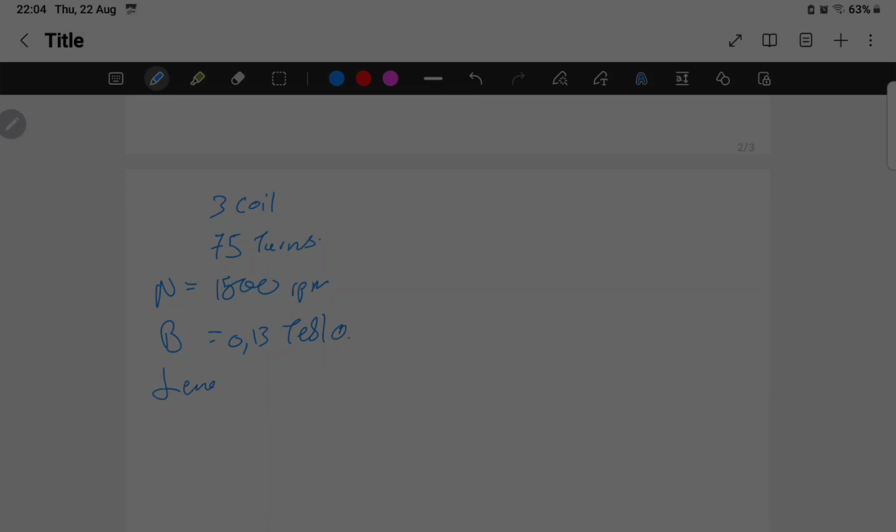We have a length of 0,3 meters, and we have a diameter of 0,125 meters. Okay, so number of turns would be small n, and number of coils 3.